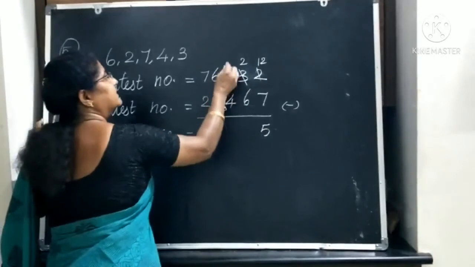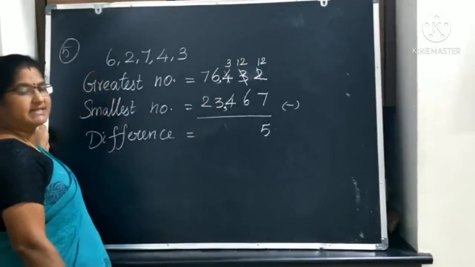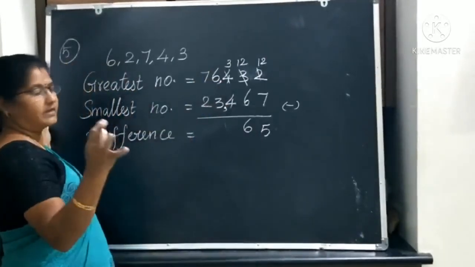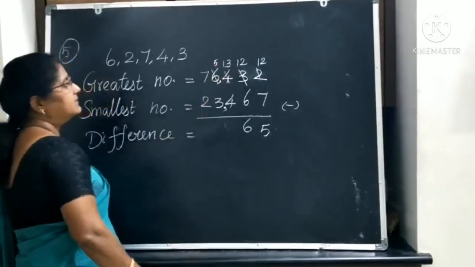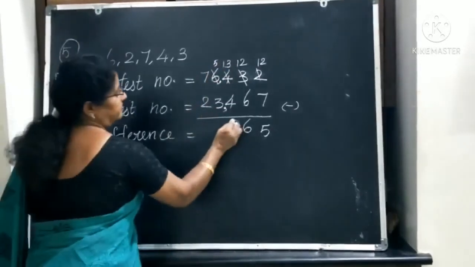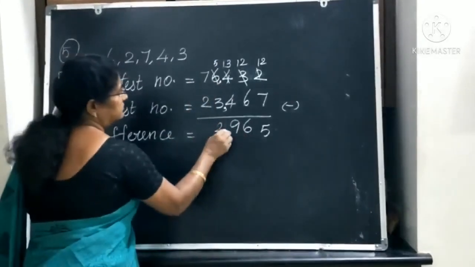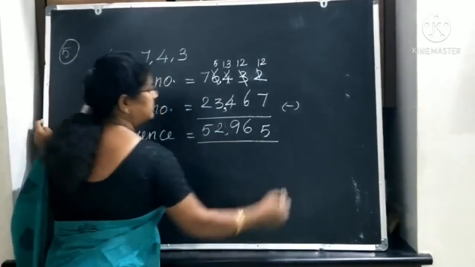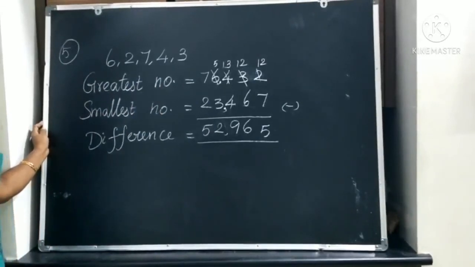So borrow from the neighbor. So 3, it becomes 12. 12 minus 6, 6. 3 minus 4, we can't. So here also borrow. 5, 13. 13 minus 4, 9. 5 minus 3, 2. 7 minus 2, 5. Okay. So the difference between the two numbers is 52,965.